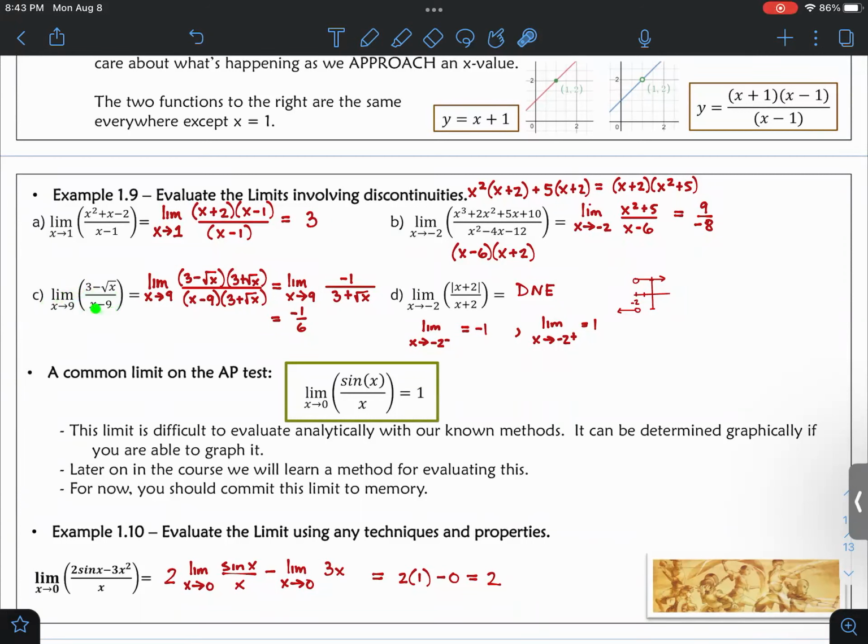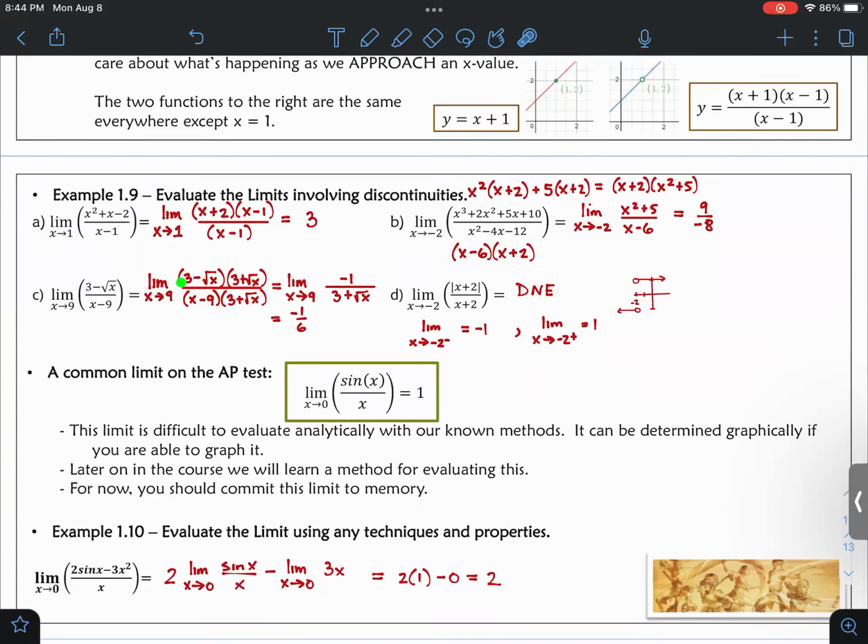C, this one doesn't look factorable in the conventional sense, but it technically sort of is. If you wanted to think about this x minus 9 as factorable into a difference of two squares, root x plus 3, root x minus 3. Another way to do it, in fact what I did with my work, I noticed this radical up here often can be dealt with by bringing in a conjugate.